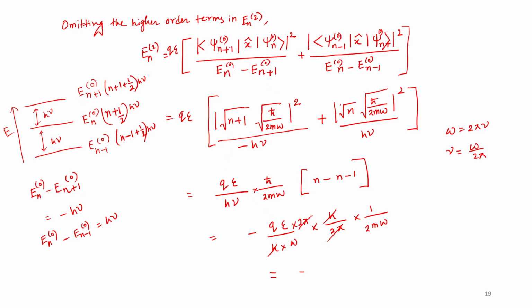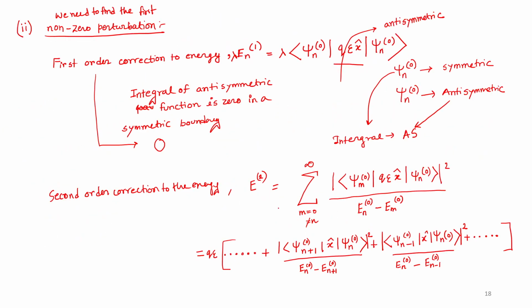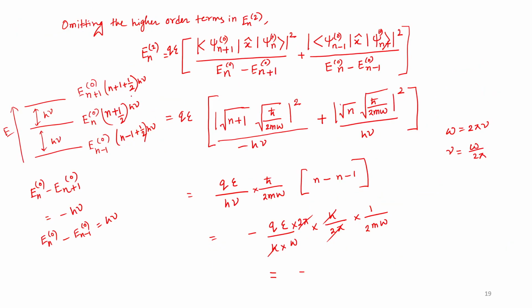So q epsilon x was inside this, right? q epsilon x was inside this, so it should have been q epsilon squared. So minus q squared epsilon squared by 2m omega squared.